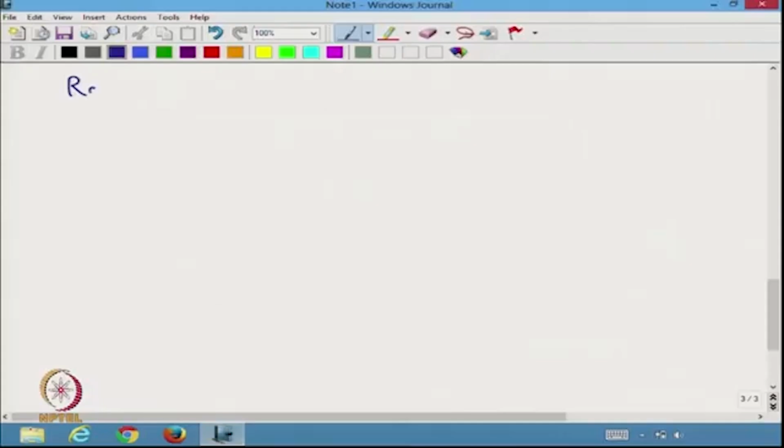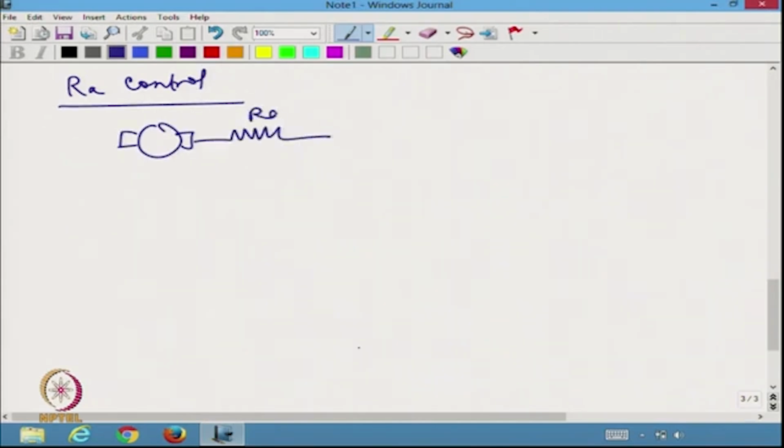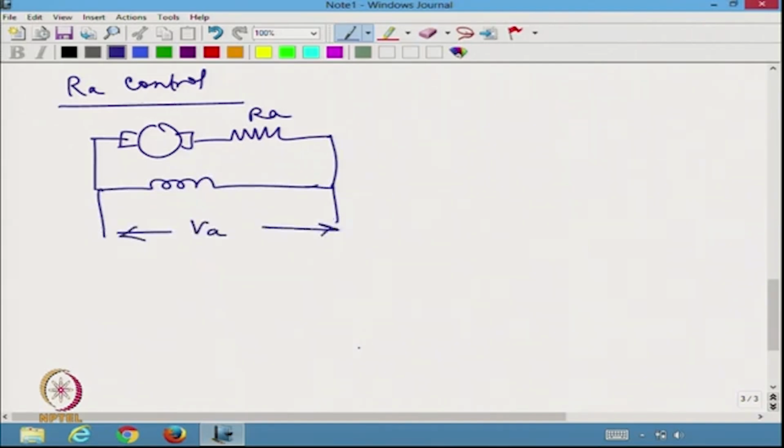In armature resistance control, that is RA control, we are going to include a resistance in series with the armature. Maybe the field is also connected here, it does not matter. Maybe it is a shunt excited machine and I am connecting VA here. So, this is plus.